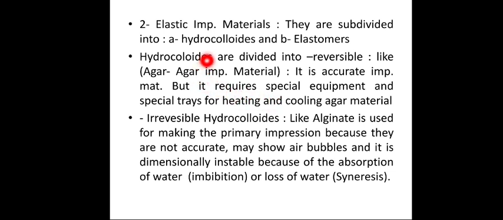The hydrocolloids are reversible and irreversible. The reversible is the agar-agar impression material used for construction of partial dentures, and the non-reversible type of elastic impression material is the alginate.